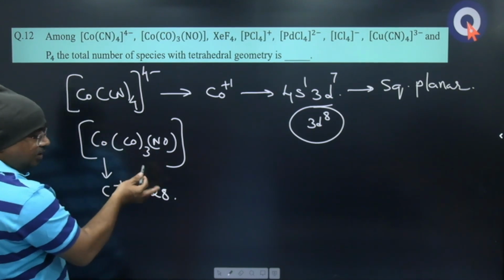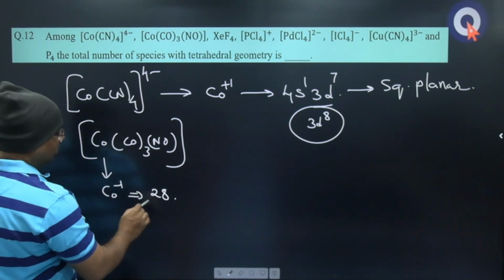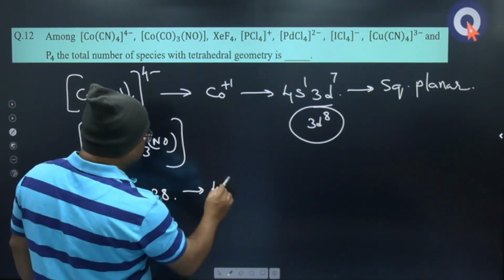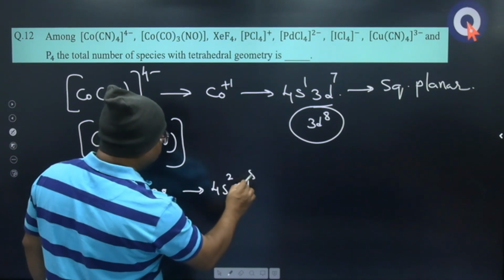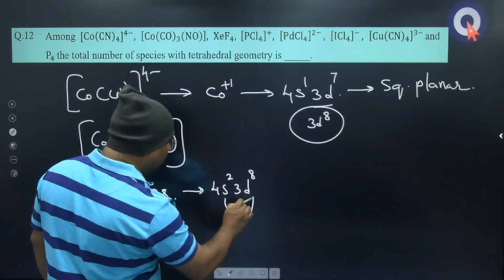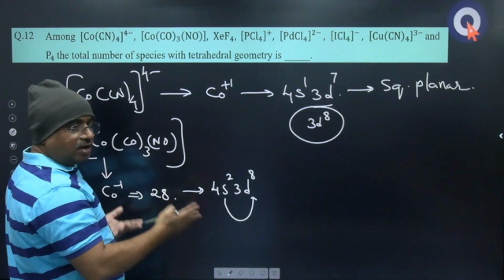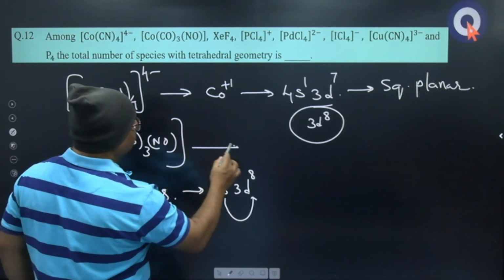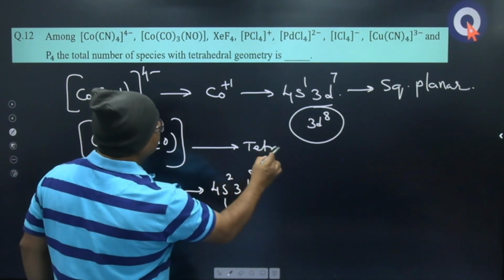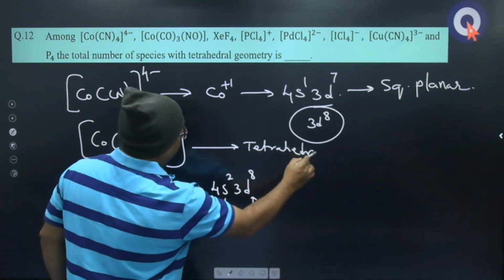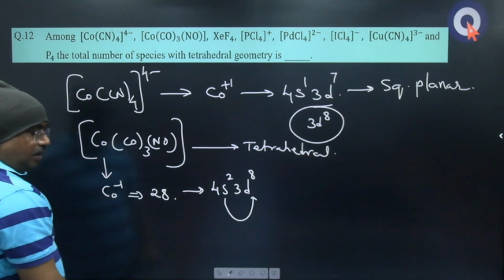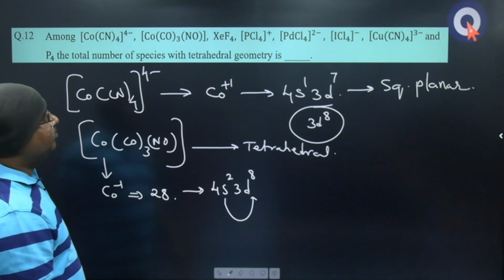But carbon monoxide is a strong ligand, means 4s2 3d8 configuration, but the s electrons also will enter into d because of the strong ligand, so that all the d orbitals are completely filled. So it will become tetrahedral, like the cyanide type complexes we have seen.